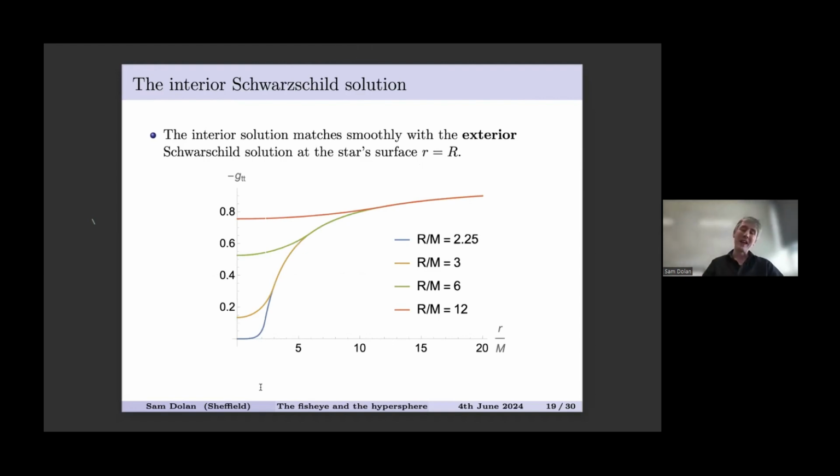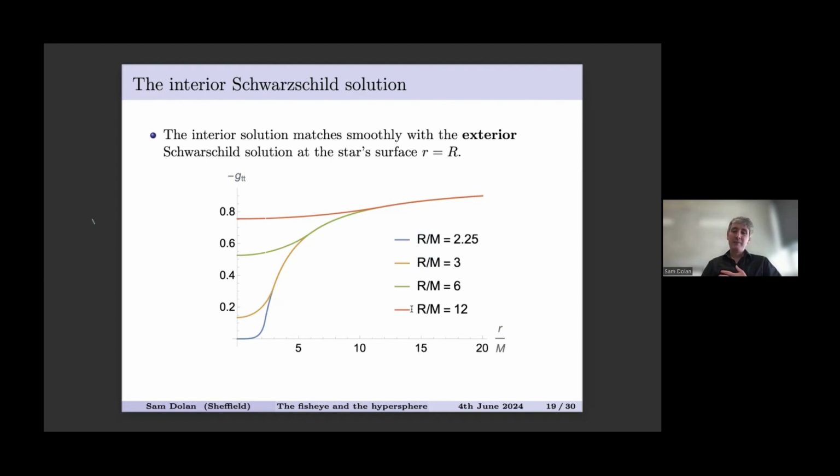Right. Before I move on to that, I just want to show one plot here, and this plot is showing the TT component of the metric against the radial coordinate, and we can see that depending on the density of the star, we can match the interior and exterior together.